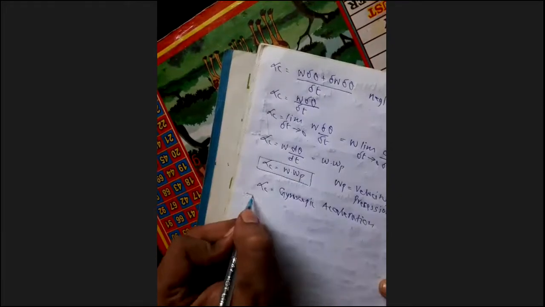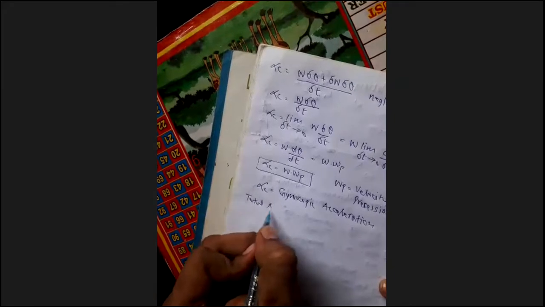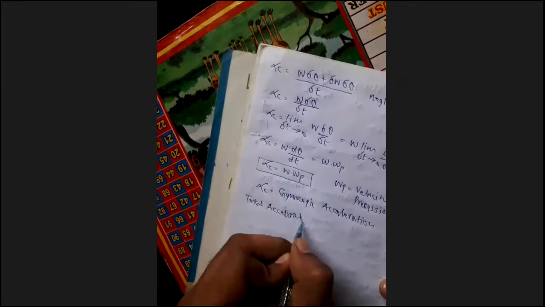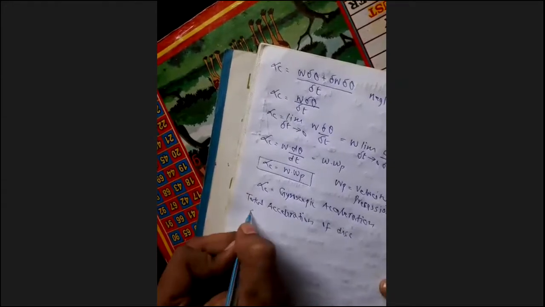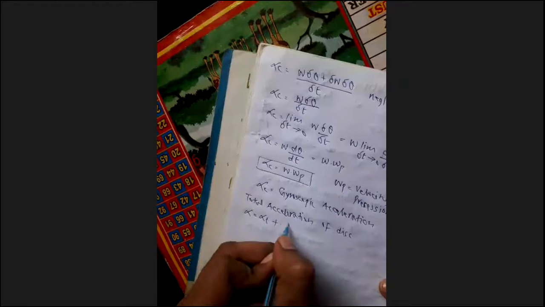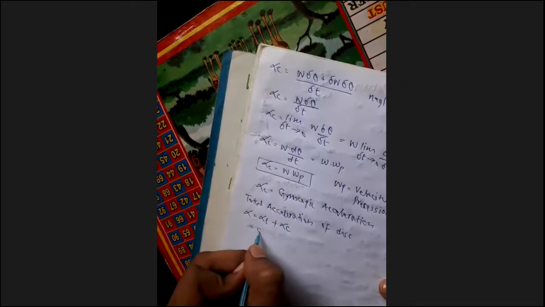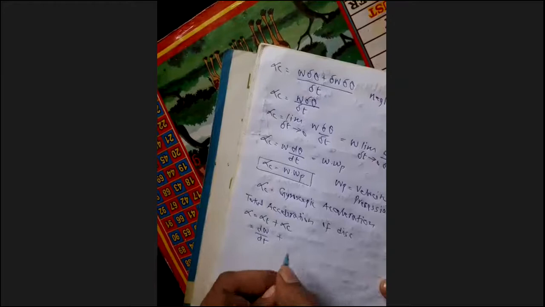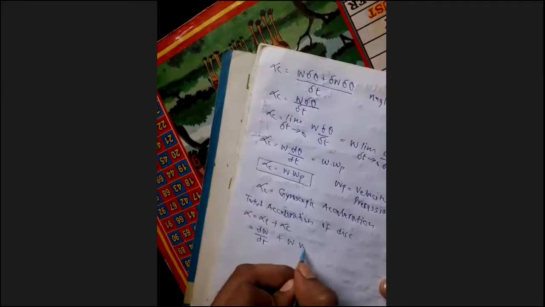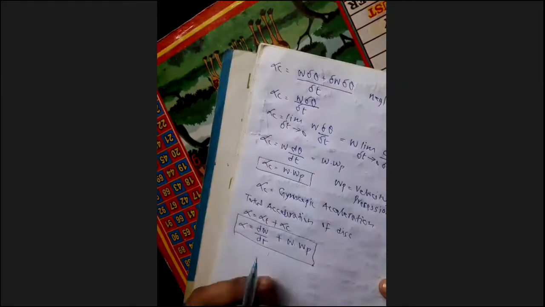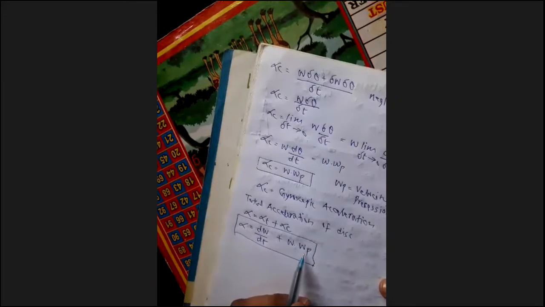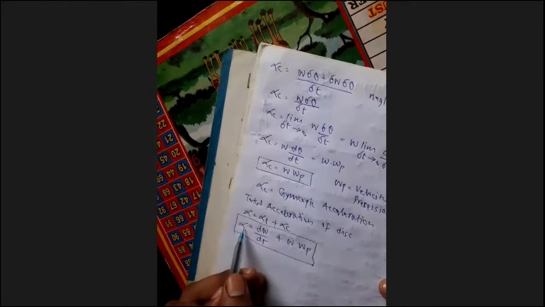The total acceleration of the disk, alpha, will be equal to alpha t plus alpha c. Alpha t was d omega by dt. Alpha c is omega into omega p. Now I explain the concept. There are two components, d omega by dt and omega into omega p. The vector sum of these two is the total acceleration of the disk.